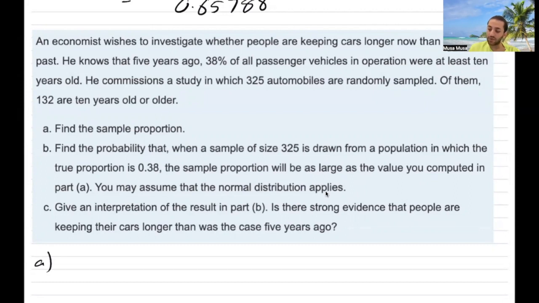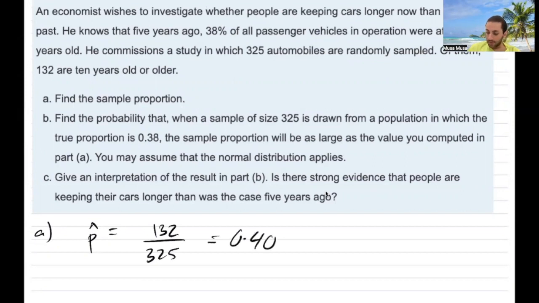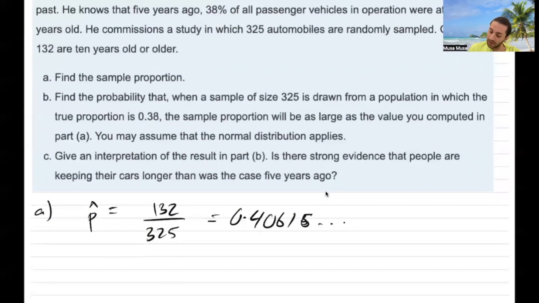Of them, 132 are 10 years old or older. So the sample proportion is going to be 132 over 325. Nice. So this is 0.40615, but I think we'll just use the fraction version.